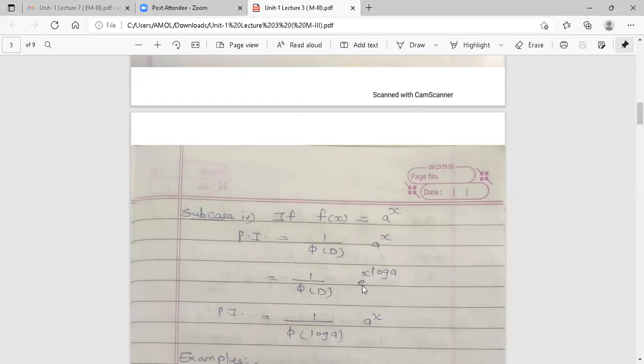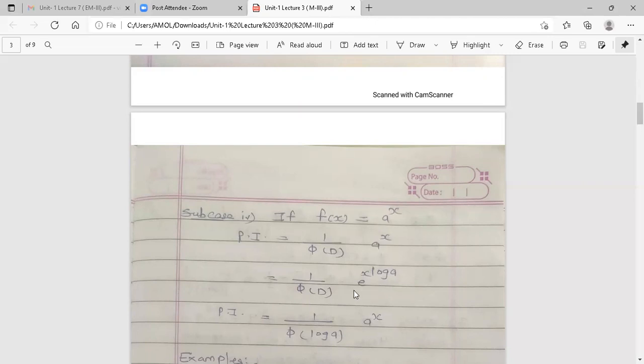Taking log and taking exponential function, we can rewrite a raised to x as e raised to x into log a. And then it will be a case of exponential function after rearranging a raised to x in the form of e raised to x into log a.